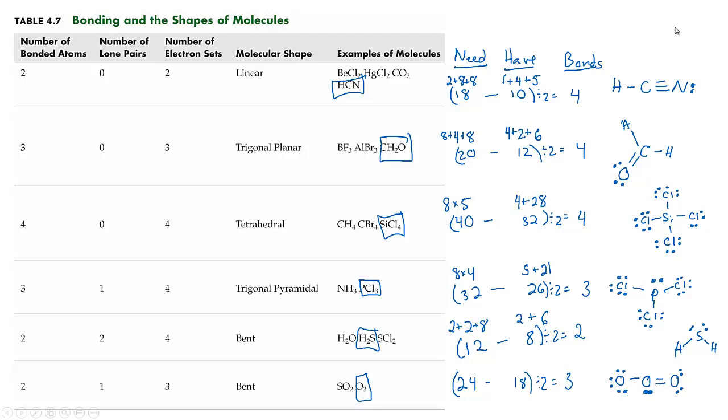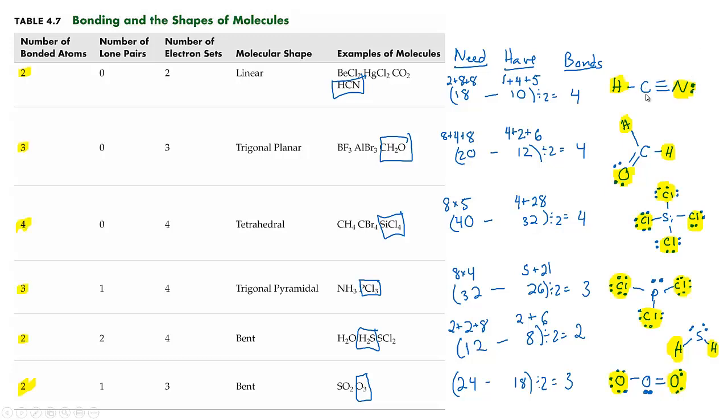Alright, so now we have drawn all of our Lewis structures. So now the biggest question is, what does the shape look like? So meaning, is this hydrogen to this carbon to this nitrogen, is it all in a line? Or is it like a triangle? What is it? Well, what these numbers mean. So you'll look over here where it says number of bonded atoms. This should tell you how many things are around the central atom.